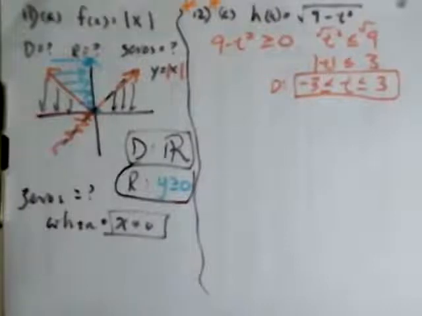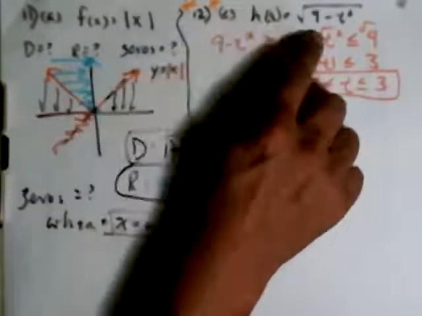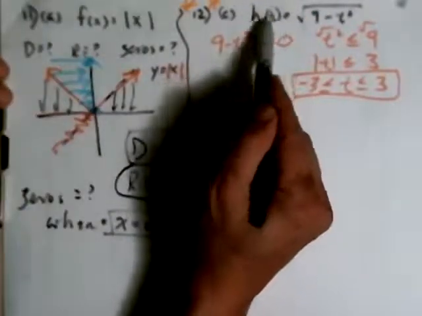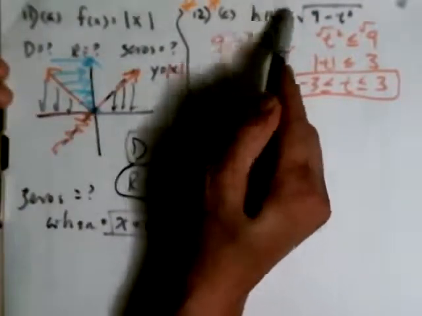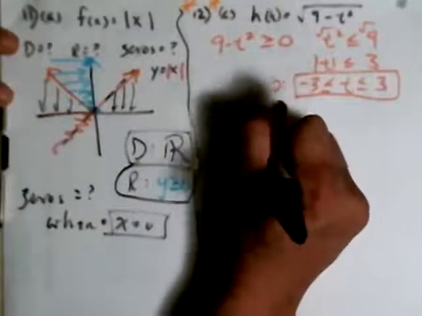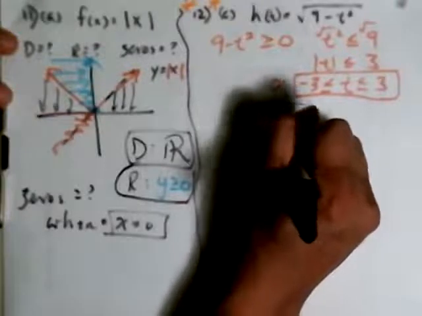Okay, so what is the range of values that comes out? I think I might have given a misleading hint to one of my students because I just figured it out, and it's not all real numbers or positive numbers for the range. But anyways, let's try to graph this. Call this y. That's your y value right there, h of t. So y is equal to the square root of 9 minus t squared.